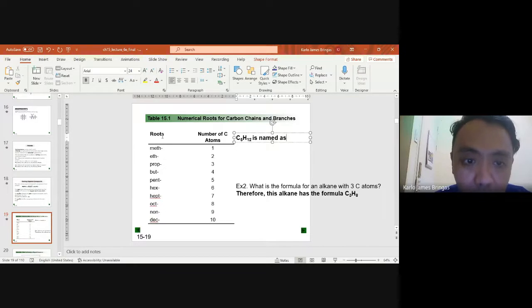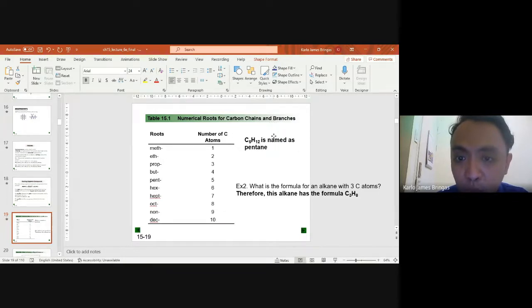Looking at the list of roots that we have, meron tayong 5 carbons daw sa ating formula. So pag may 5 carbons, ang root name is pent. So the name of this one is pentane. Again, ang ane dito is the suffix. Lahat ng alkanes, ito ang kanyang suffix na mayroon siya. So that is now the name of C5H12, that is called pentane.